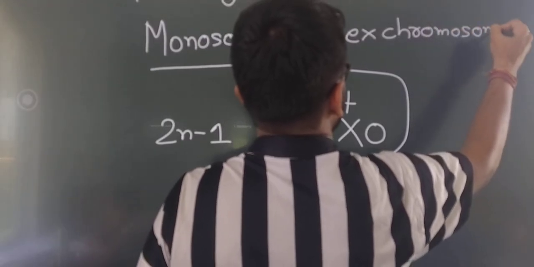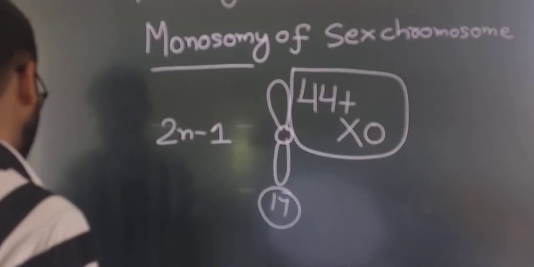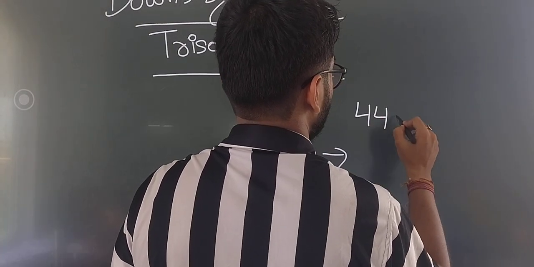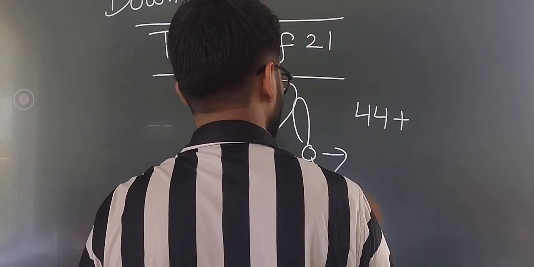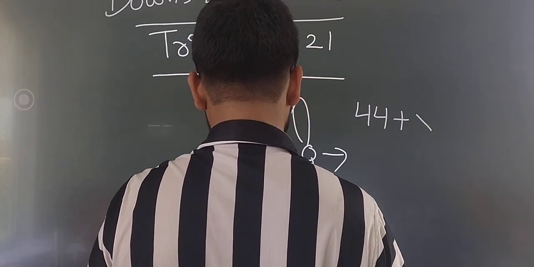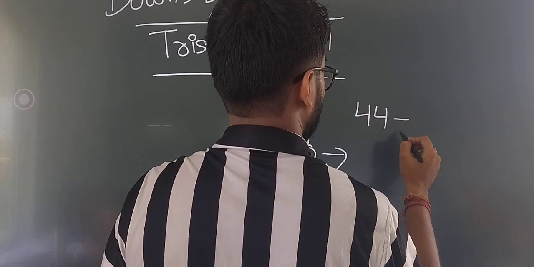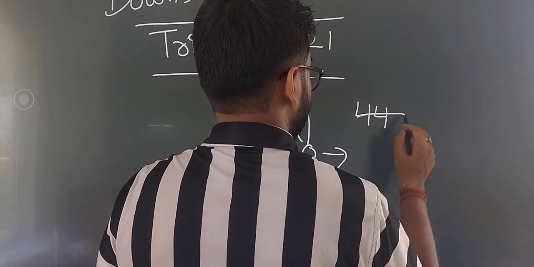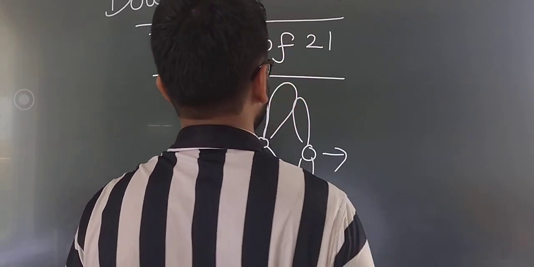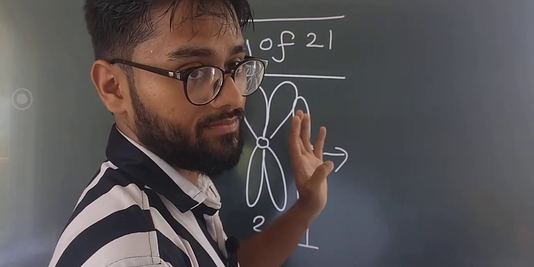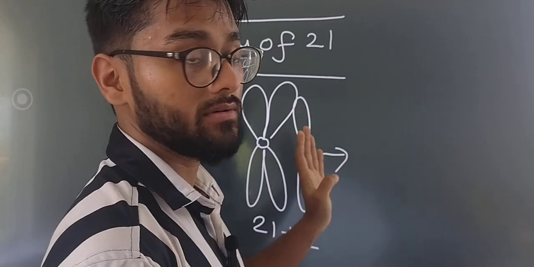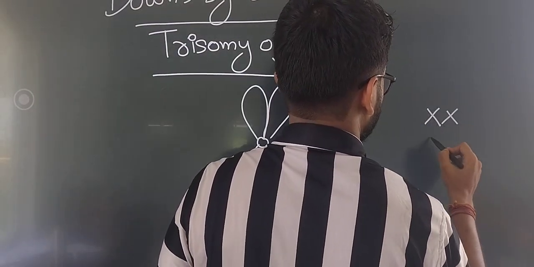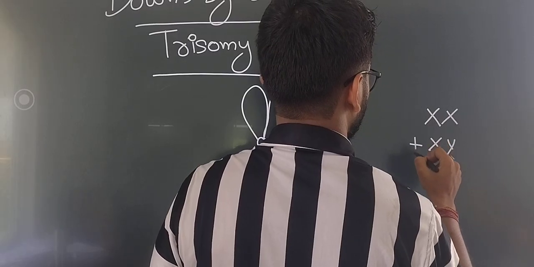Okay, in case of your Down syndrome also, let me write it down for you. It will be 44 plus... since we are dealing with trisomy and that too in your autosome, we will simply write either XX or XY, no problem in that.